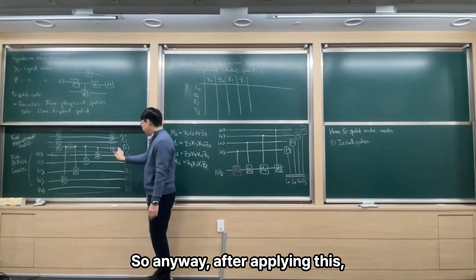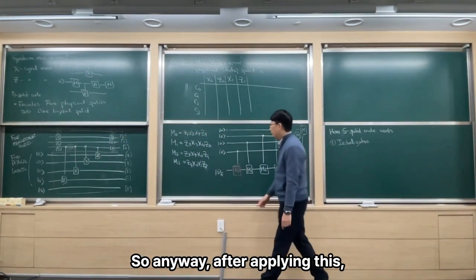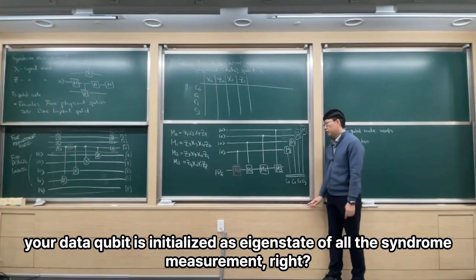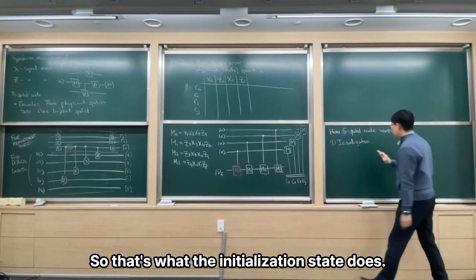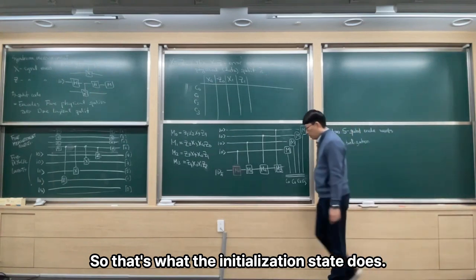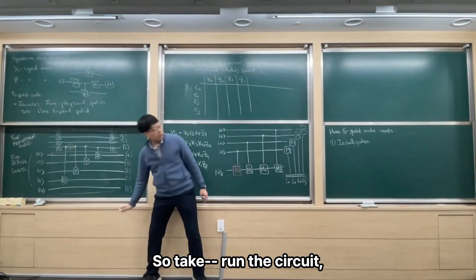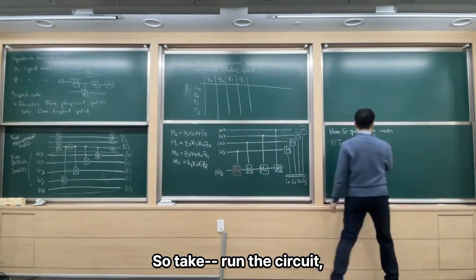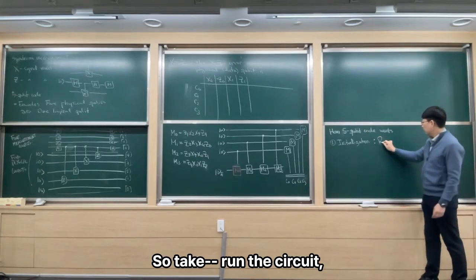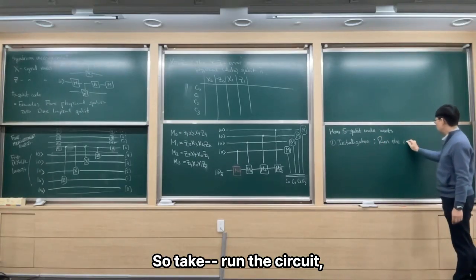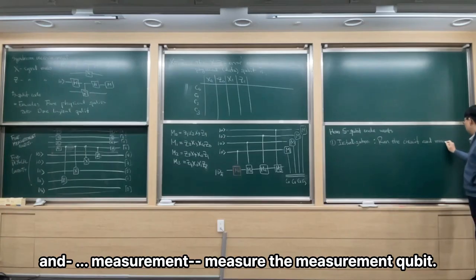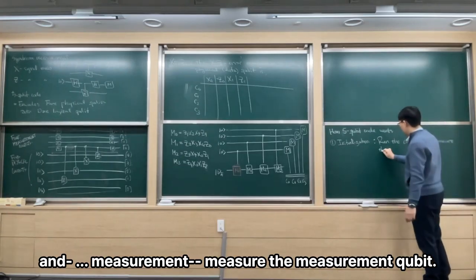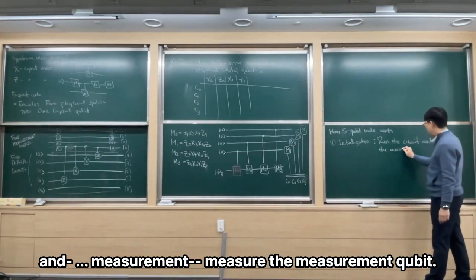Anyway, after applying this, your data qubit is initialized as an eigenstate of all the syndrome measurements, right? That's what the initialization step does. So run the circuit and measure the measurement qubits.